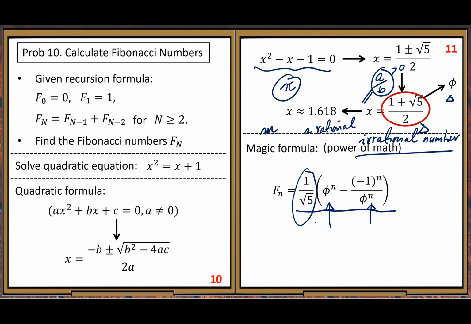How about that? We go through operations with a sequence of irrational numbers, but we end up with perfect integers. That's something like magic.